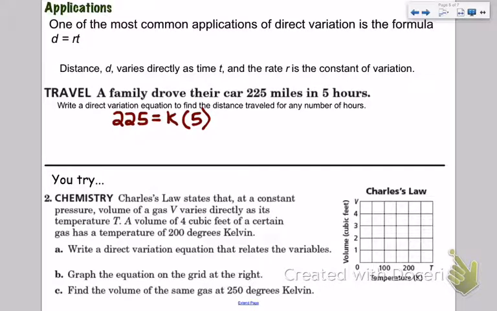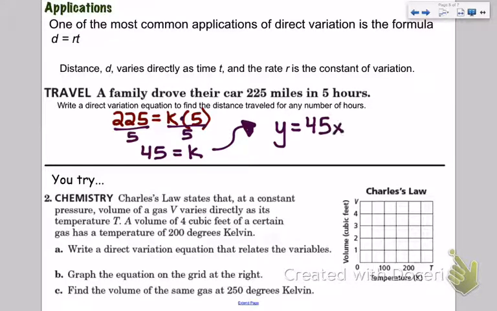Now, because k is being multiplied by 5, to undo it, we're going to divide both sides by 5, and we get 45 is equal to k. So now we can write our direct variation equation using that k value. So we have y is equal to 45x.